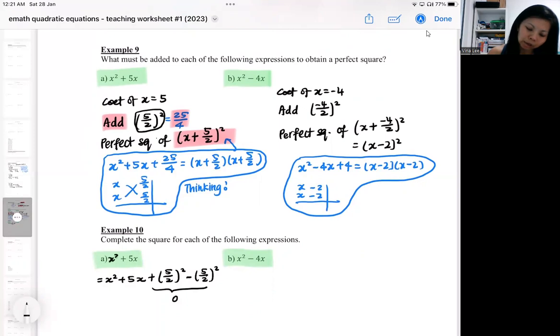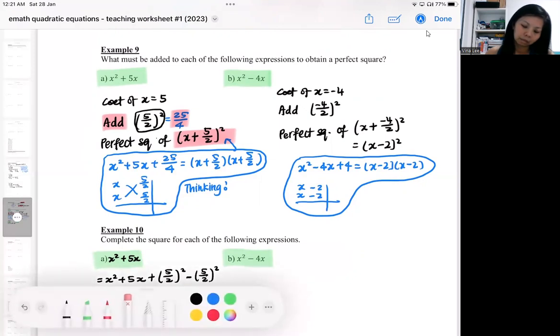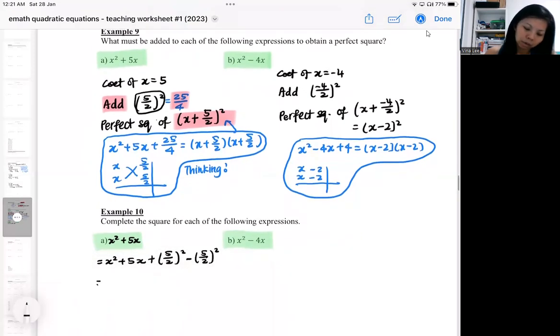So the expression is still the same. It is still the same x squared plus 5x. But you added the thing that you would like to make into a perfect square. So this part will become the perfect square here. And then this part, you can punch calculator.